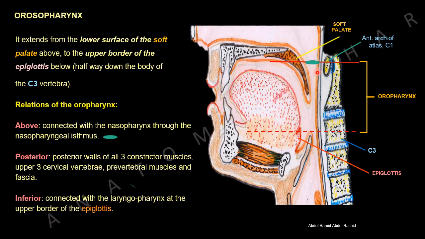They are the superior, middle, and inferior constrictor muscles, the upper three cervical vertebrae, prevertebral muscles, and prevertebral fascia. Inferiorly, it is connected with the laryngopharynx at the upper border of the epiglottis. This is the larynx, so this is the laryngopharyngeal junction here, which is at the level of the upper border of the epiglottis.